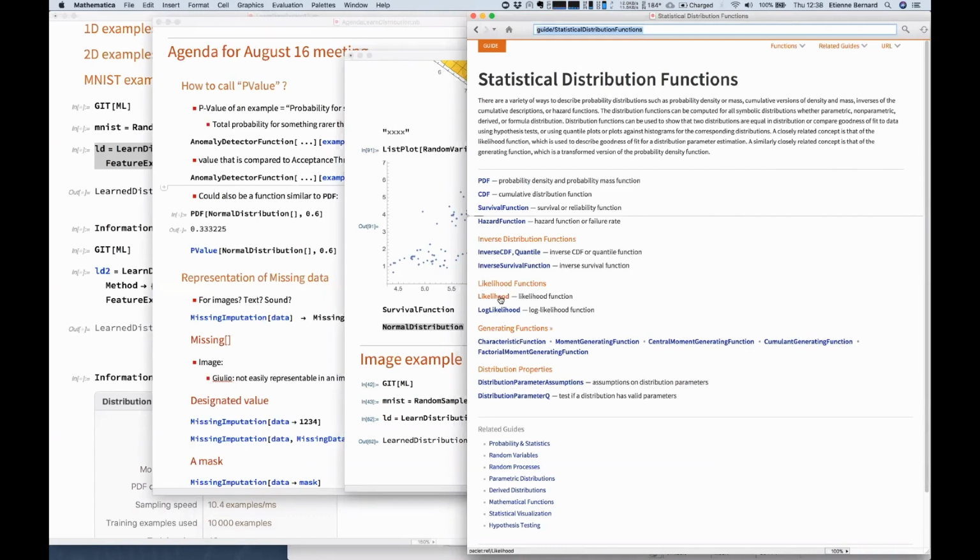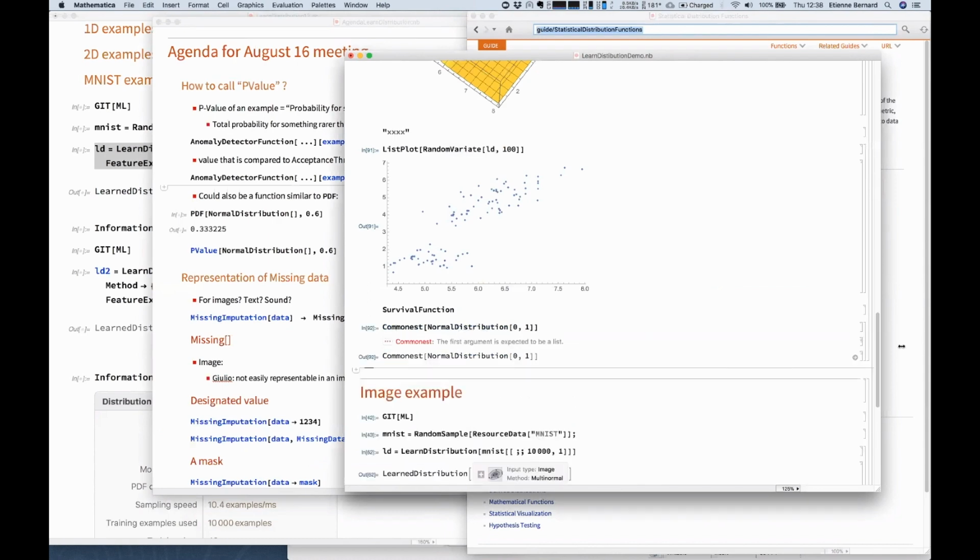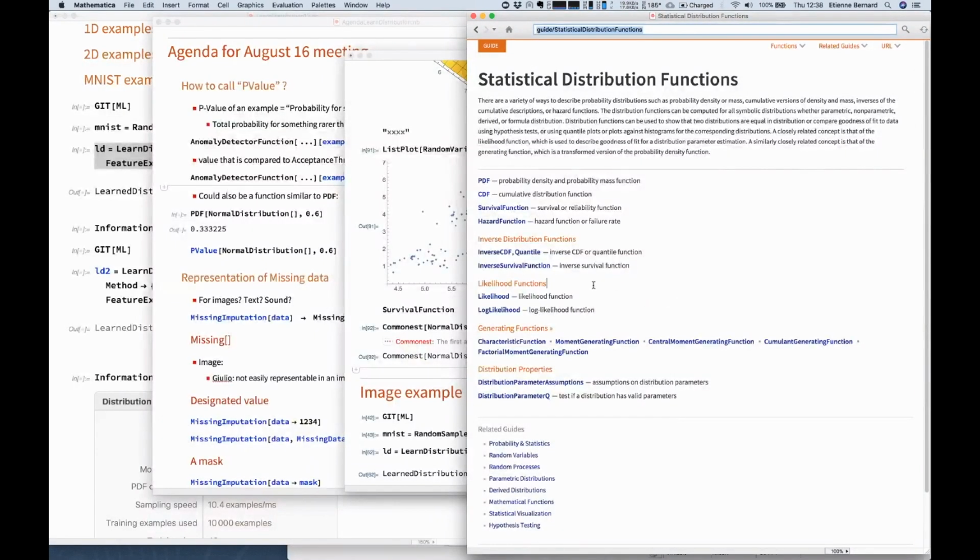On this page, why don't we have commonest? Do we have commonest? That will be a question for you. That's going to be a descriptive measure, so descriptive statistics. It doesn't exist for distributions. Commonest has two items. Why not?